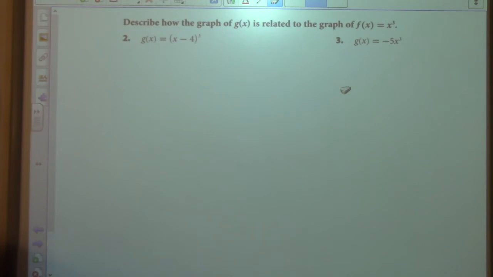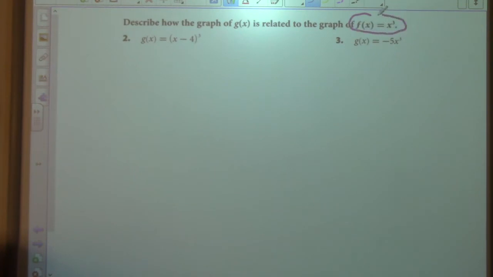Okay, it's going to be Mason. So what is g of x related to f of x equals x cubed? What are you doing to this?